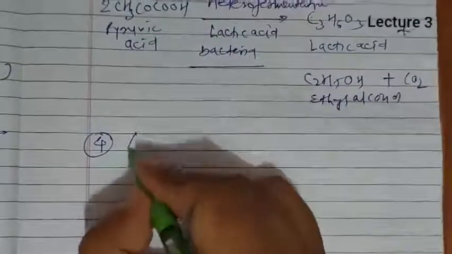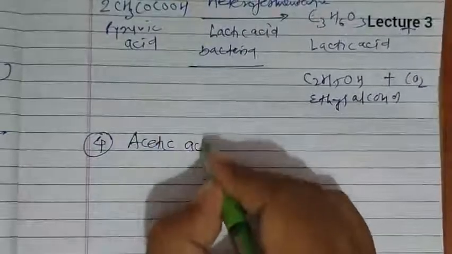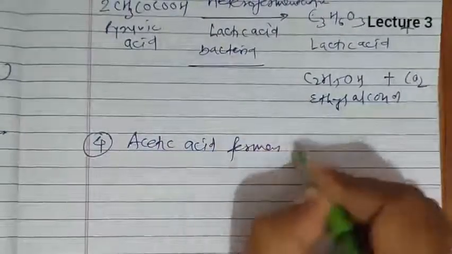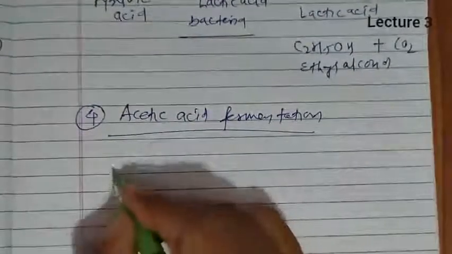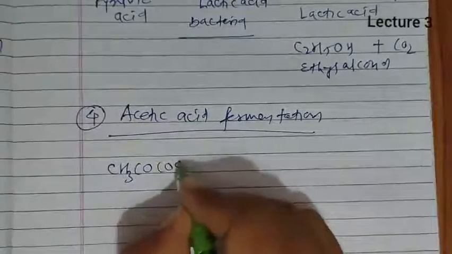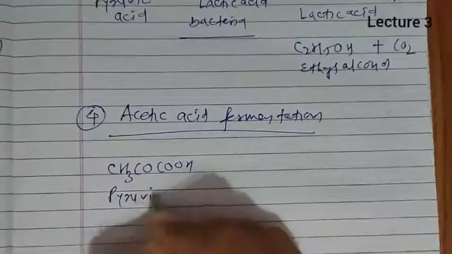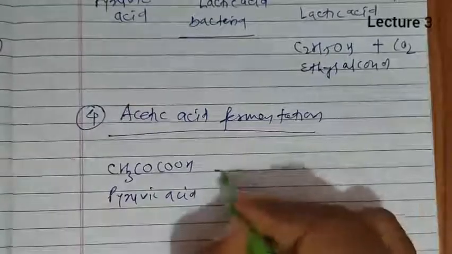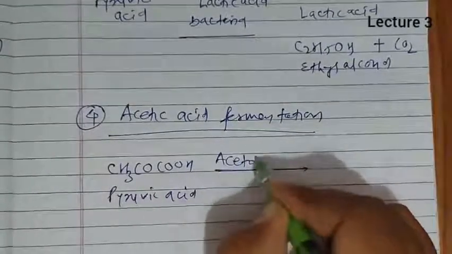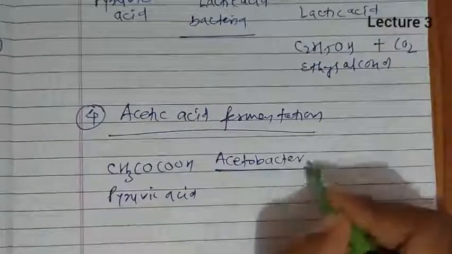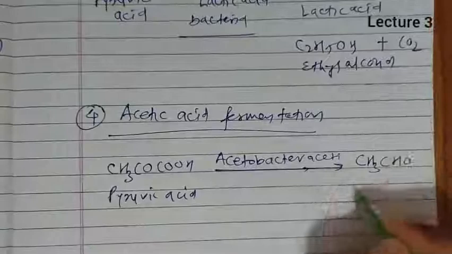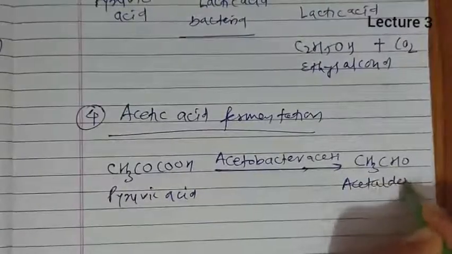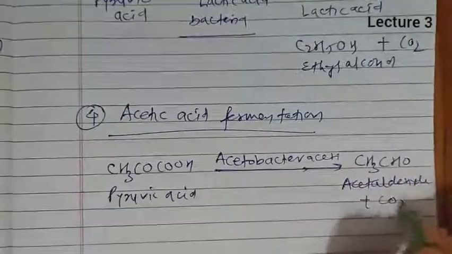Fourth type which we are going to discuss is acetic acid fermentation. In acetic acid fermentation, pyruvic acid, that is CH3COCOOH, is first, in presence of Acetobacter aceti, converted into CH3CHO, that is acetaldehyde, plus CO2.